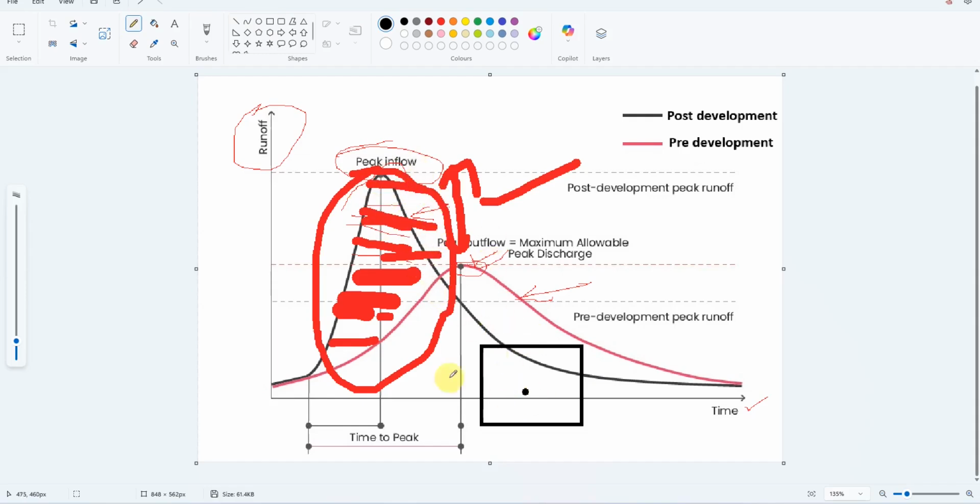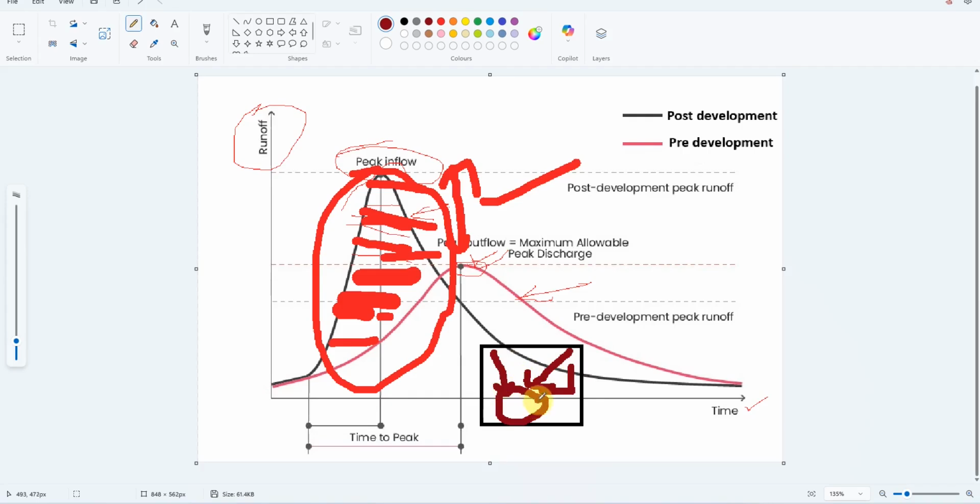I can propose a retention pond so that I can store the entire runoff which the site generates. That is option 1, with a conveyance drainage system to convey the entire runoff from the site to this retention pond.